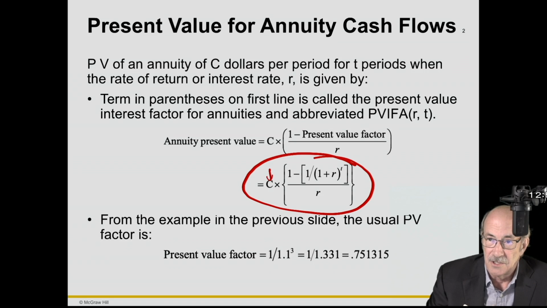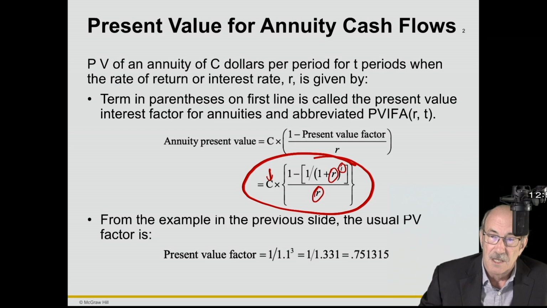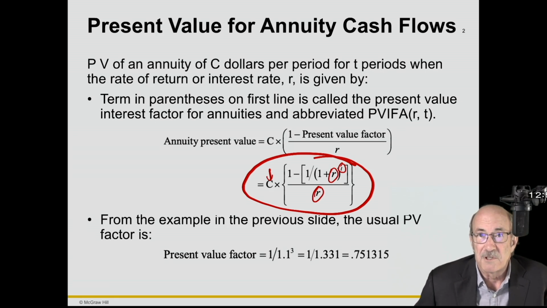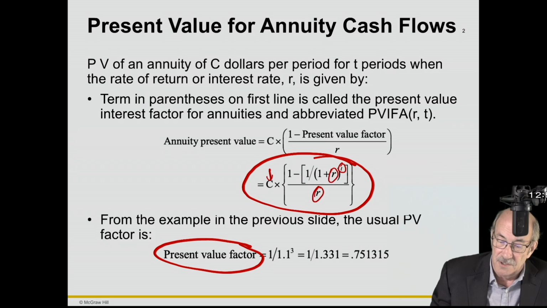R, in both these cases, is the discount rate or the expected return, and then T is the number of periods where we're receiving this annuity. So you can calculate the present value factor. That's this portion of the annuity present value.